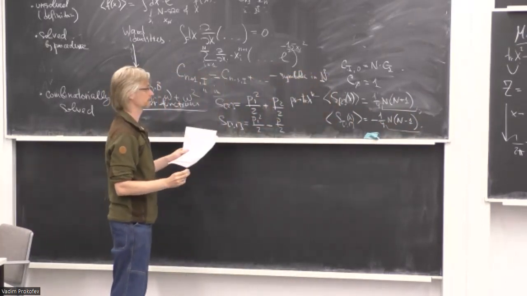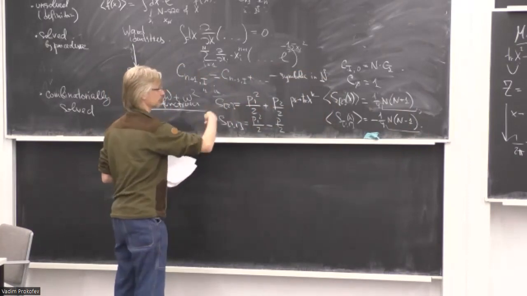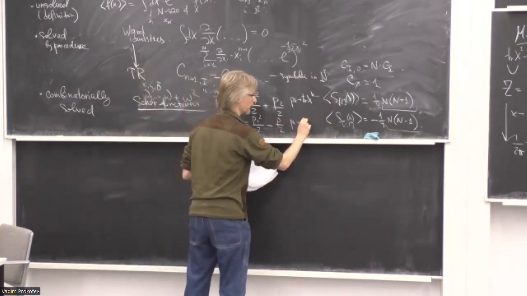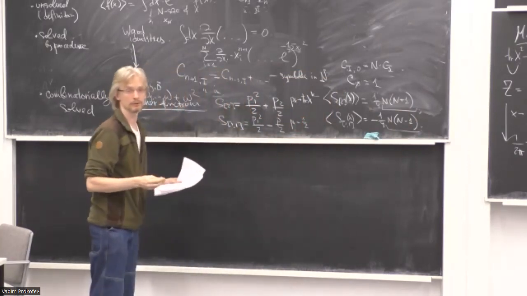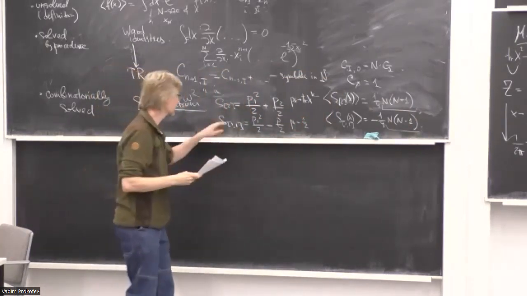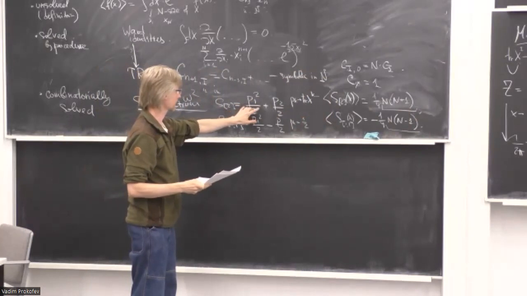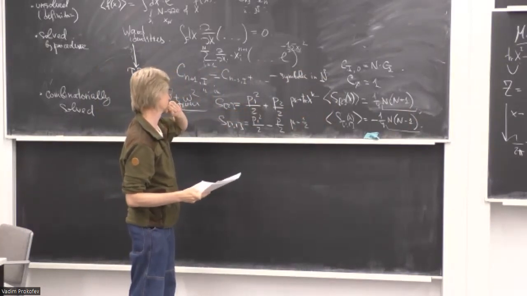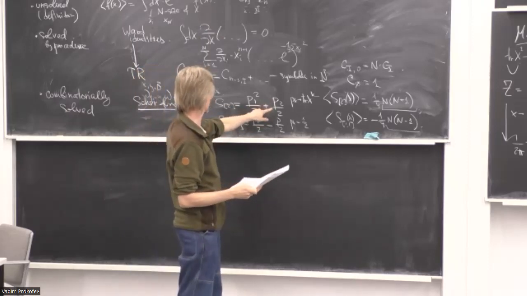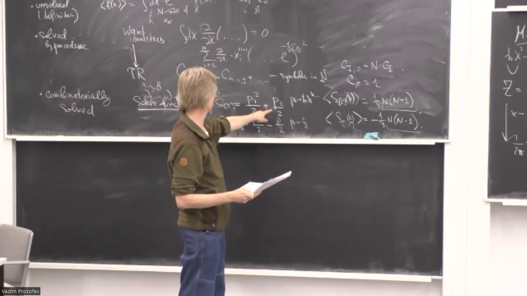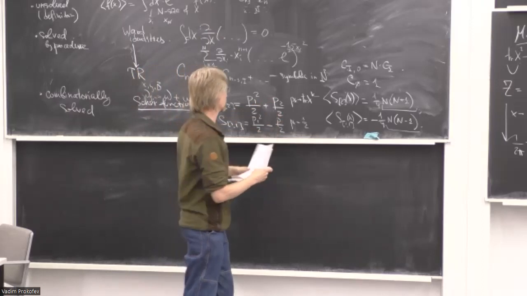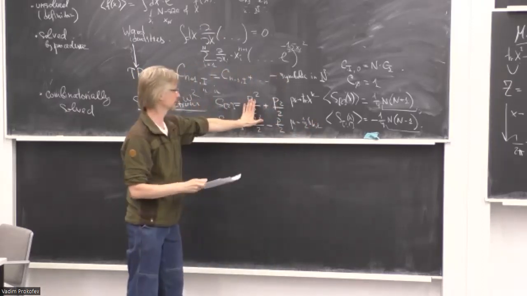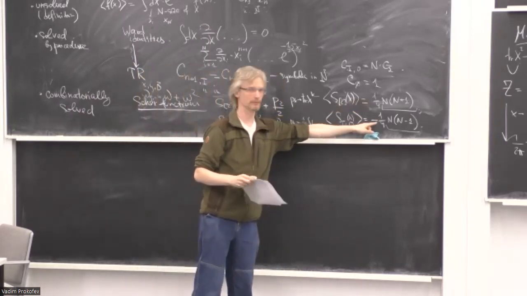Moreover, if I plug in here pk equals delta k,1, so this special point, then this vanishes, and I get 1/4 and minus 1/4.